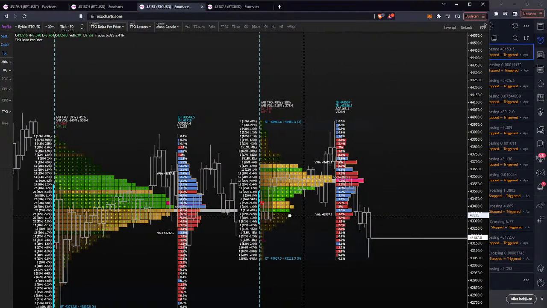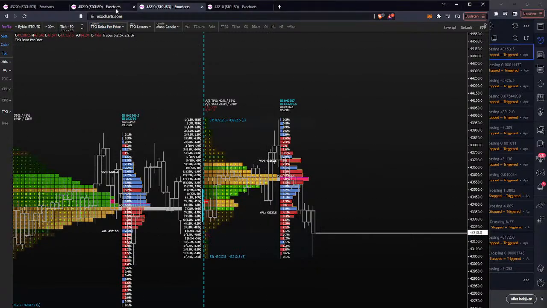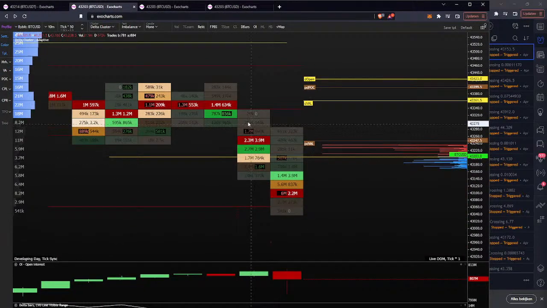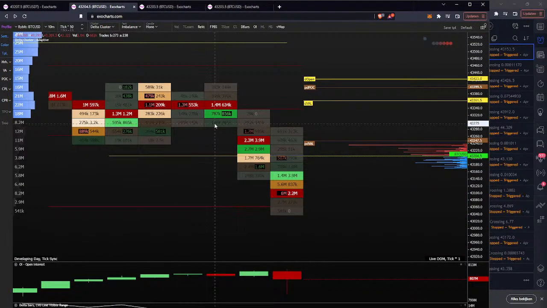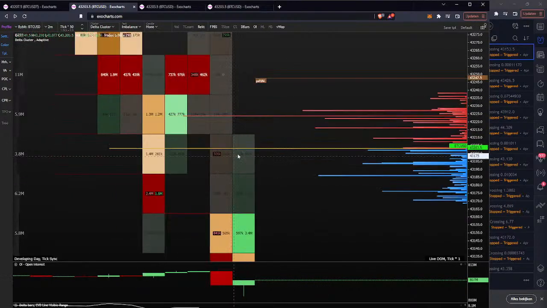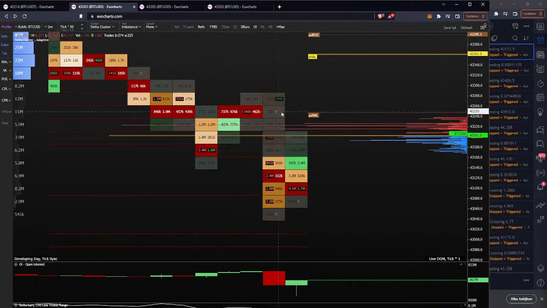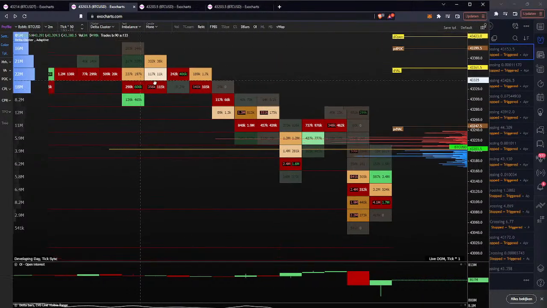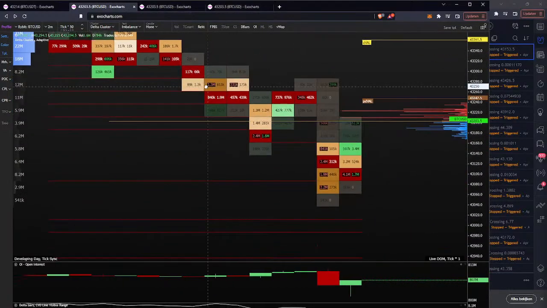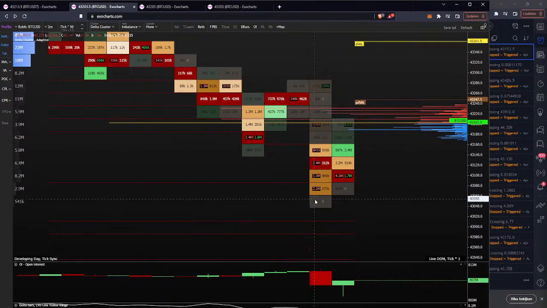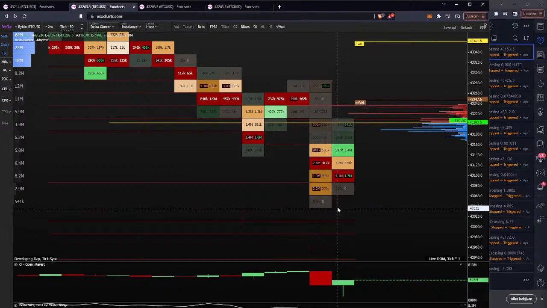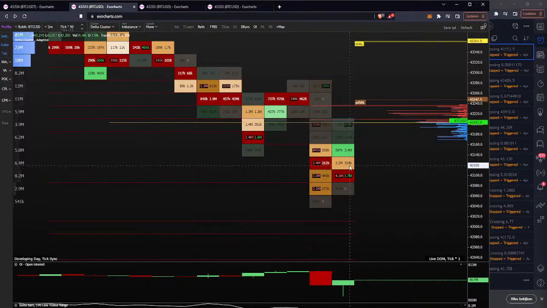So now we have that buying tail for now. So we lost the val. Big drop in open interest. Now a bit of buyback.